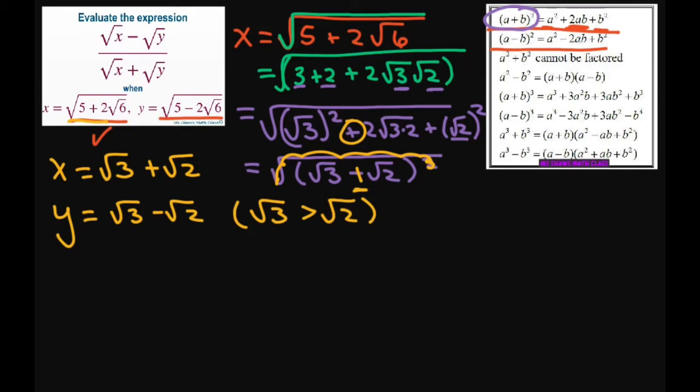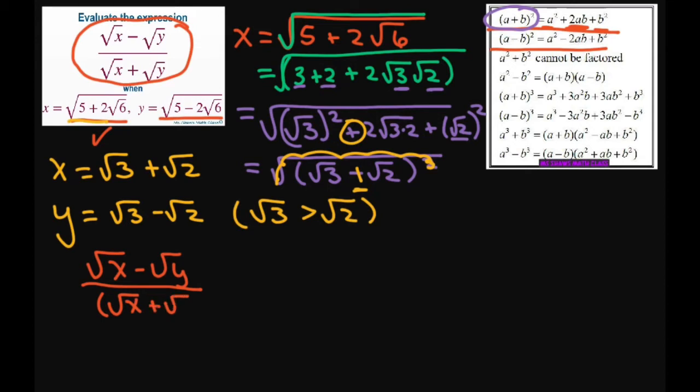All right. Now that we have that, we can use our substitution, but what I want to do is simplify this expression first. All right, and what we're going to do is rationalize the denominator. So basically we have square root of x minus square root of y divided by square root of x plus square root of y.